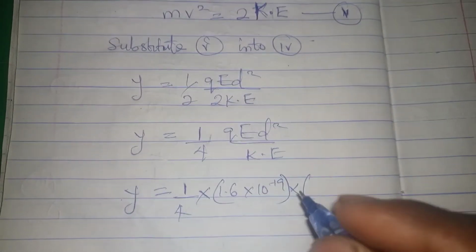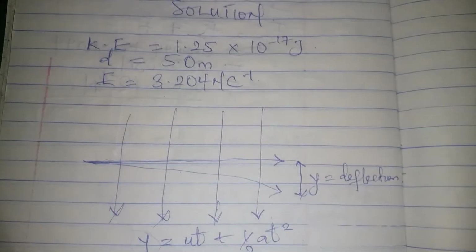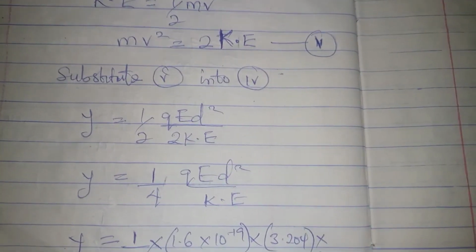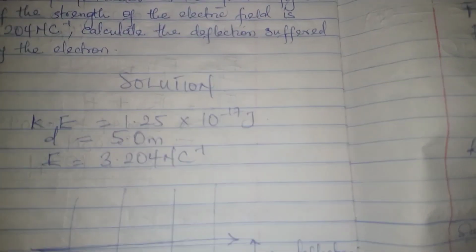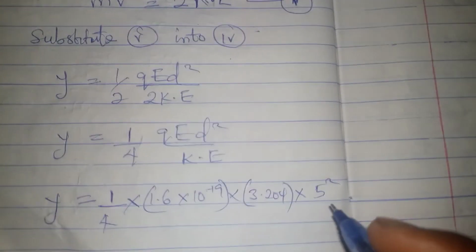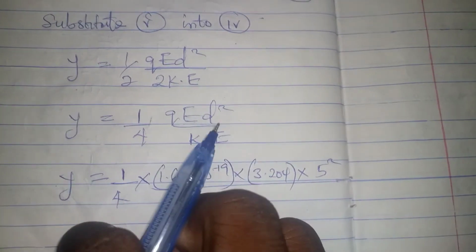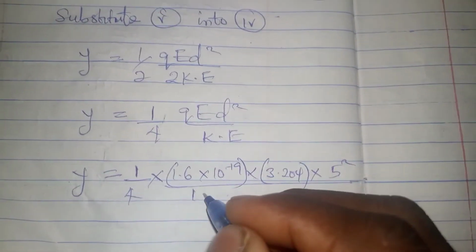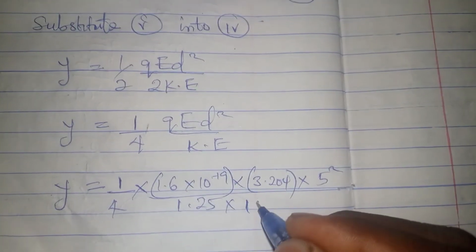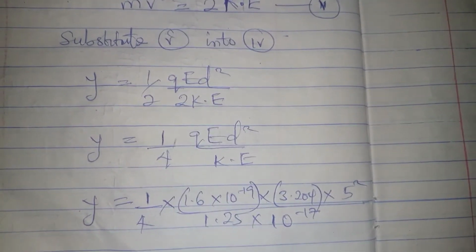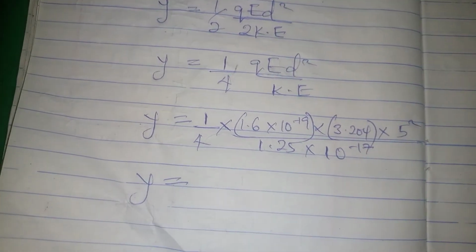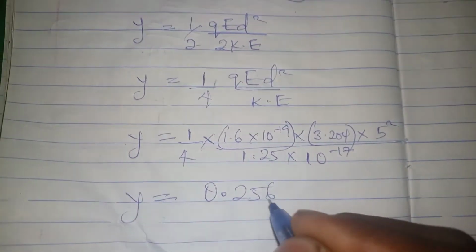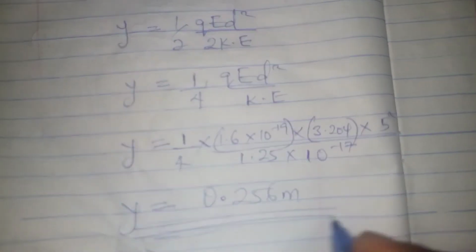Then from our question, the E is given as 3.204. Then the distance we had in the question was 5, so 5 square, over KE, which is given as 1.25 times 10 to the power minus 17. So after doing the total of this calculation, we arrive at a very succinct answer, 0.256 meter. That is the deflection.